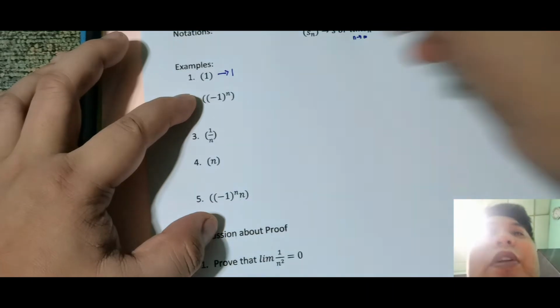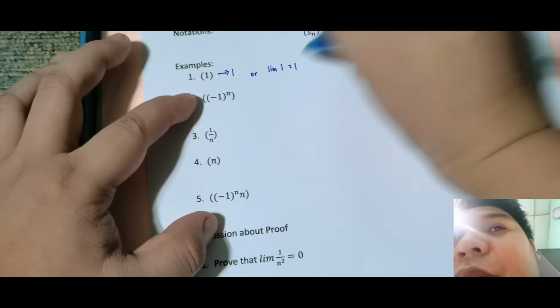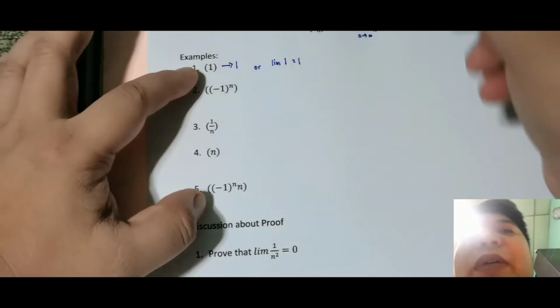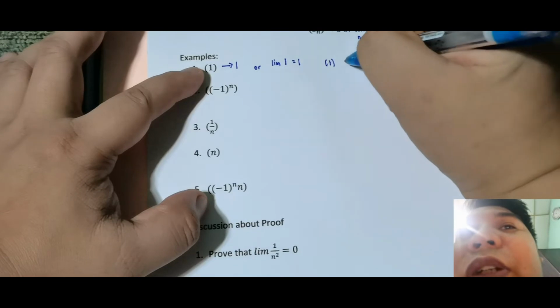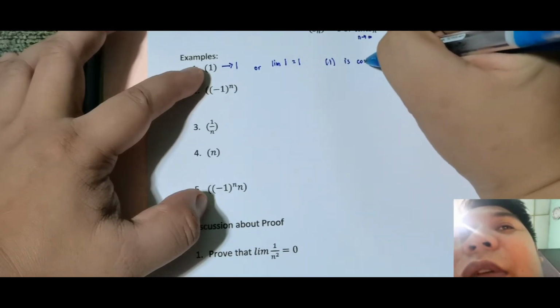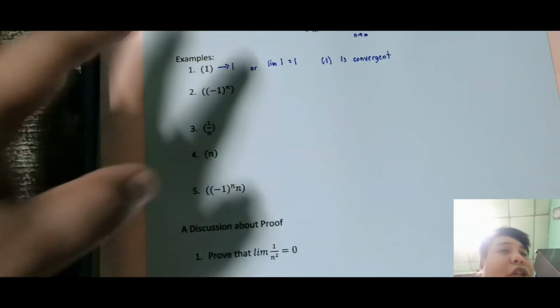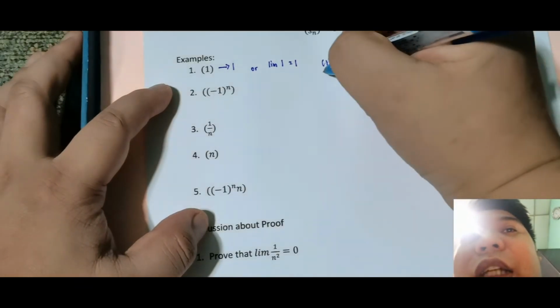So, obviously, ito ay approaches to 1, or pwede kong lagay na limit ng 1 is equal to 1. Kasi siya yun eh. Pag may nag-exist na limit, therefore, yung sequence natin na 1 is convergent, or converges to 1. Okay, yan yung terminologies natin about dyan.